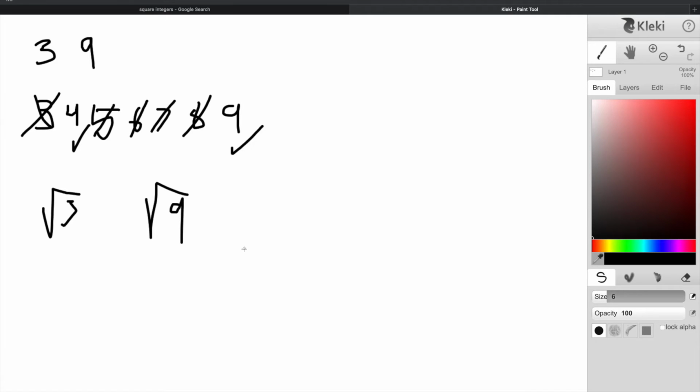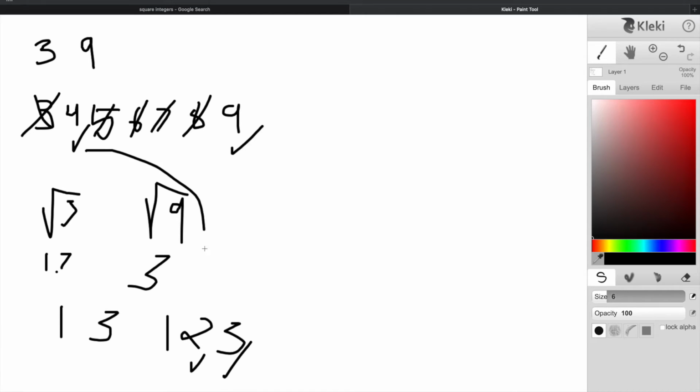The square root of 3 is about 1.7, and the square root of 9 is 3. We could round down 1.7 to 1 and have this new interval, 1, 2, 3. Then this would give us the two values that we found earlier, 2 and 3.